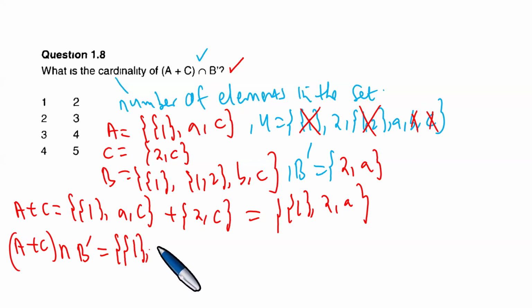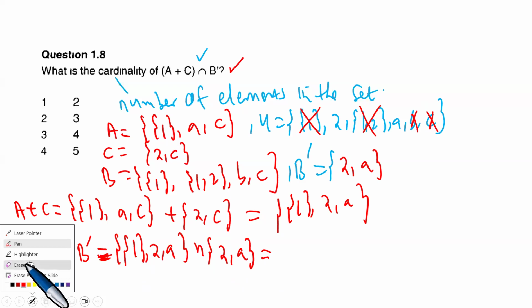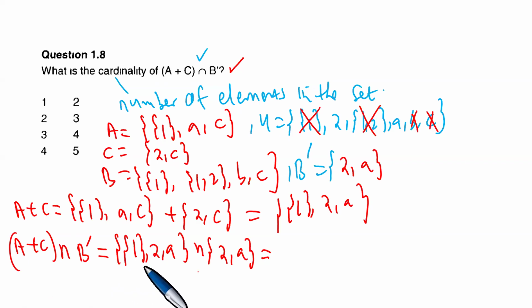It contains 1, 2, and A. Intersection with the complement, which is 2 and A. So let us reason this out together and see exactly what we need to do here. The question then is, what is the intersection? You can see 2 and A are both there, so we have 2 together with A. And therefore, we have 2 elements in this particular set.